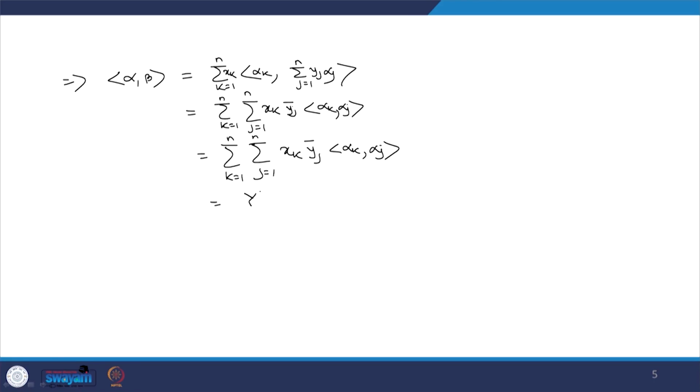One can write y star, meaning y transpose and bar, the conjugate transpose basically.